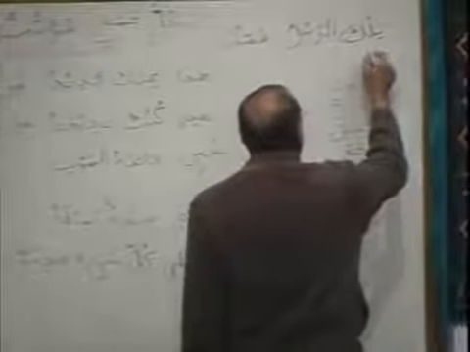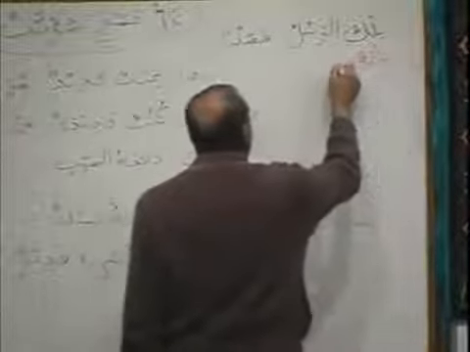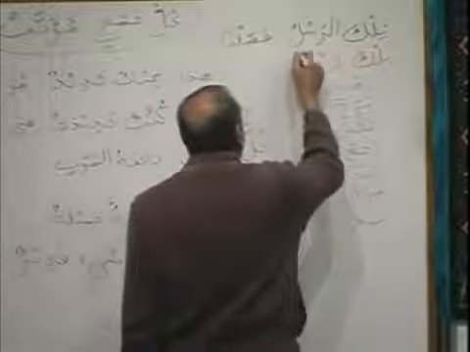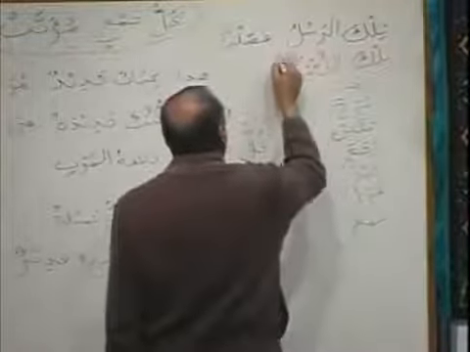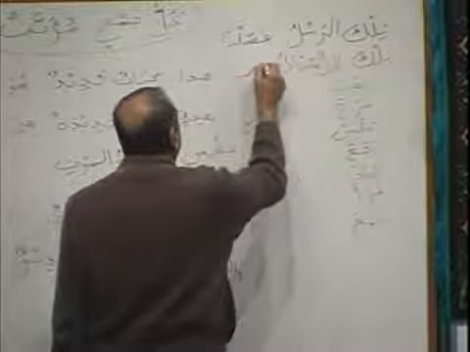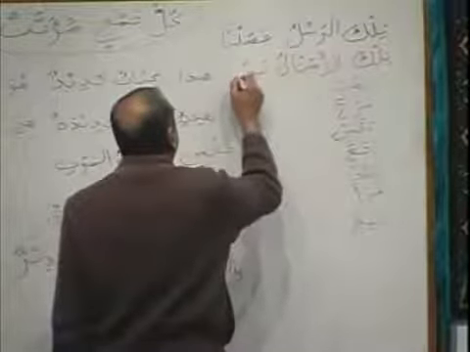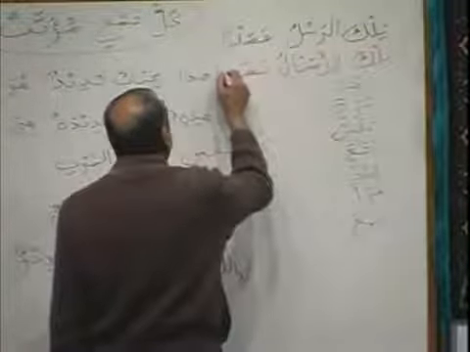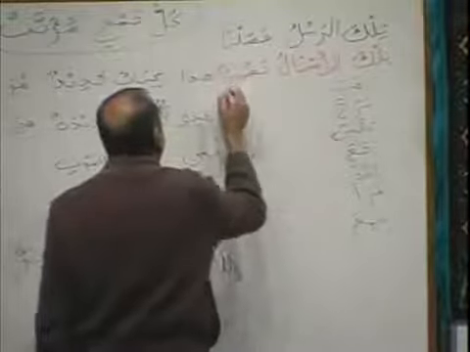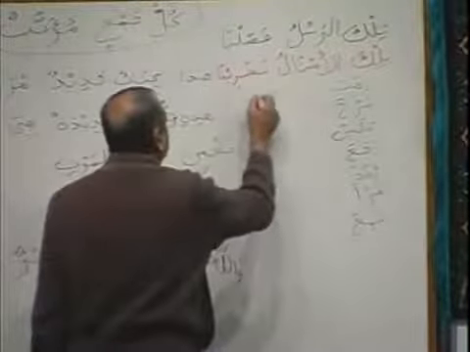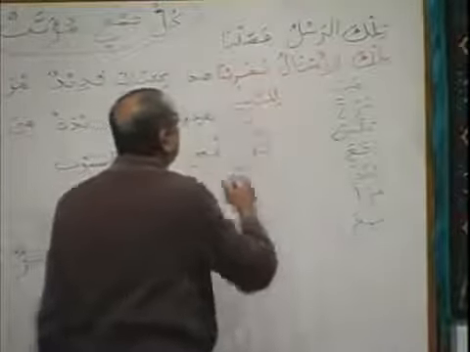You should not forget that. Are you with me, brothers and sisters? This is a very famous ayah and we are going to do it, inshallah. Remember that ayah? What is that ayah?